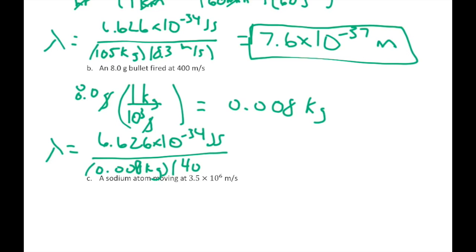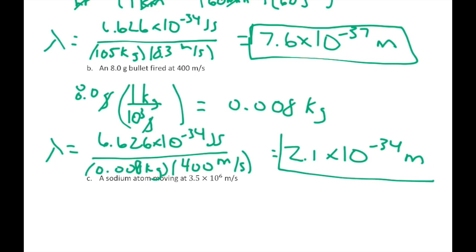Our speed is already set. And we will get 2.1 times 10 to the negative 34th meters. So again, a very small wavelength.